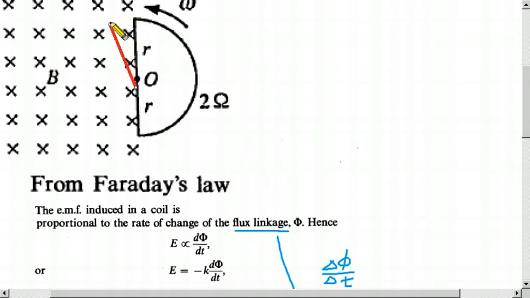So imagine that it is rotating like this, and it wipes this area. What is B? First of all you have to get it clear. B is the flux in unit area.